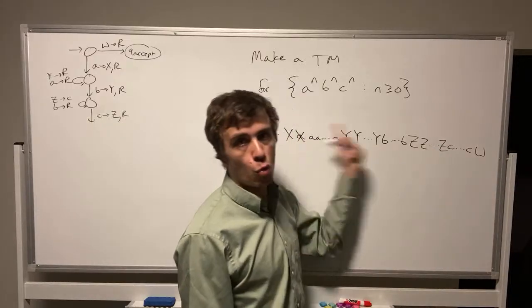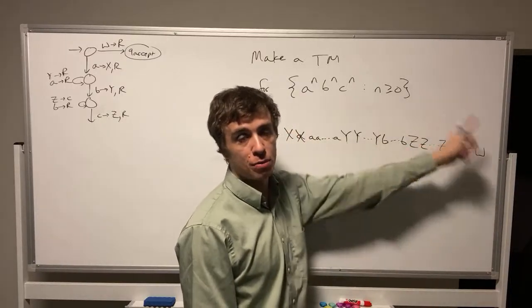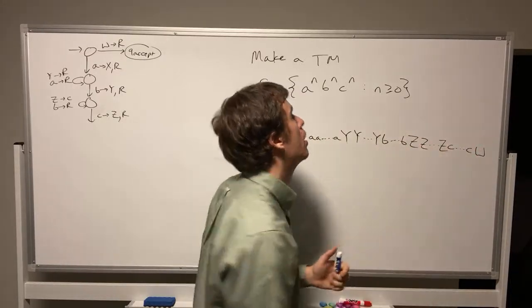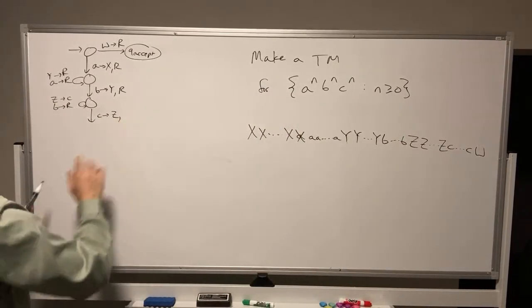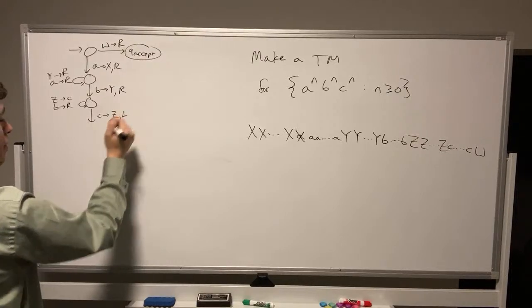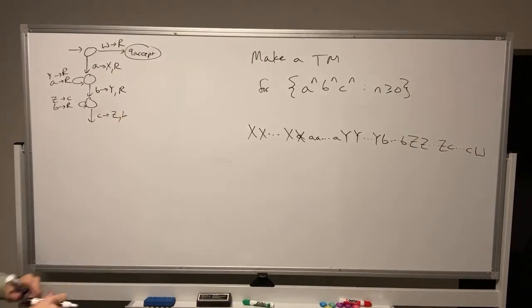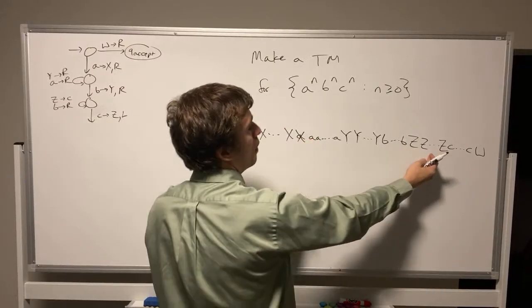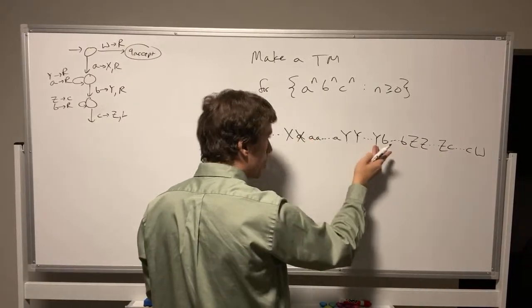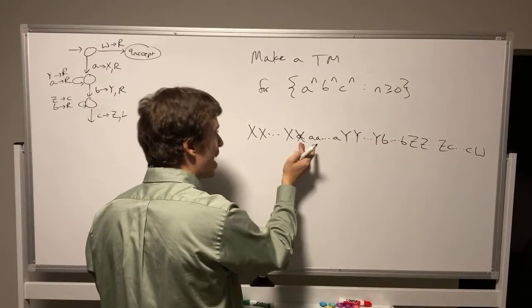Because we're only going to mark one of the things at a time, just going back and forth in between. So here, actually, I can move left. And then what I need to do is zoom past all of this stuff, past all the Z's, all the B's, all the Y's, all the A's.